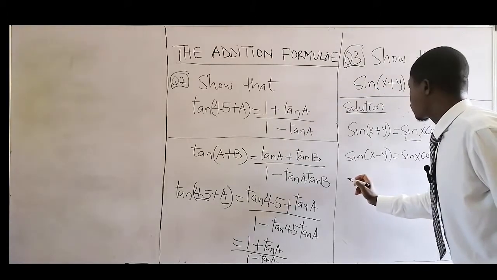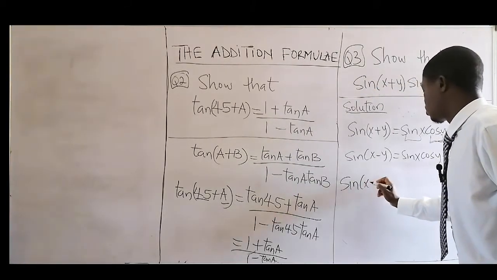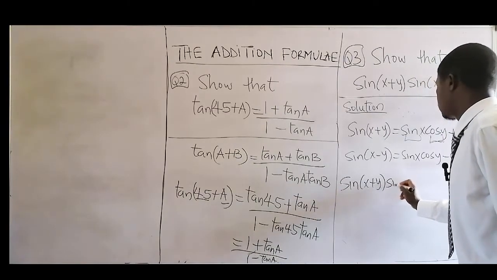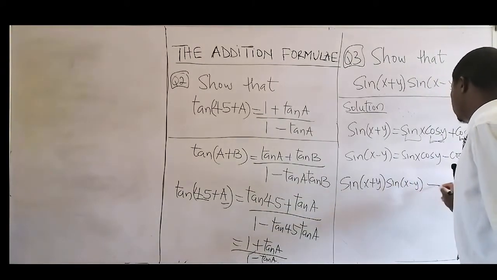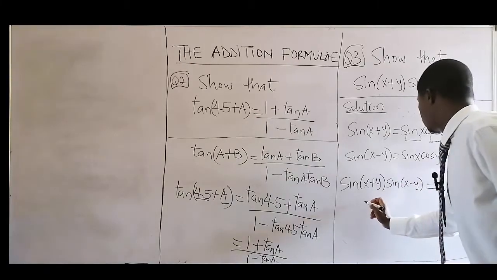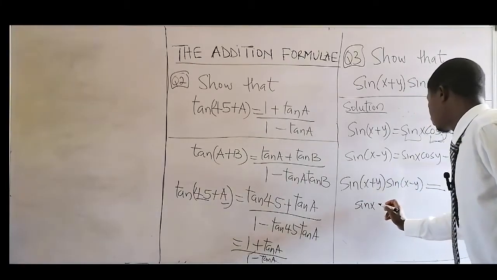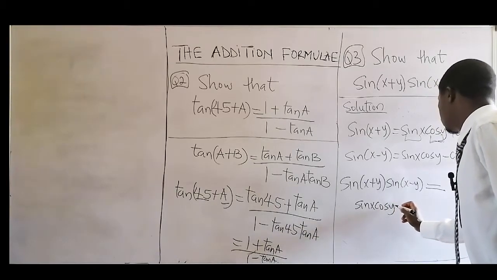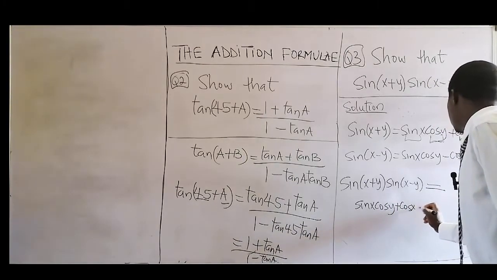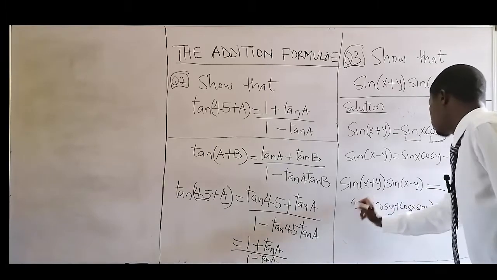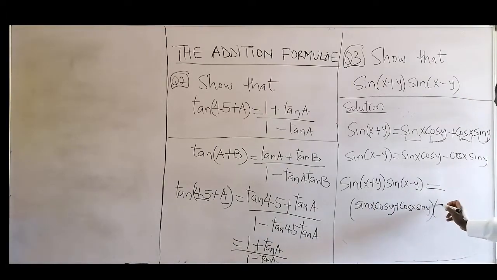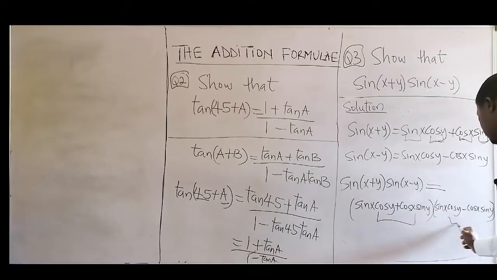So therefore, sine x plus y times sine x minus y is equal to the product: sine x cos y plus cos x sine y, into brackets sine x cos y minus cos x sine y. Okay, you see that what you have here and what you have here, they're the same thing.